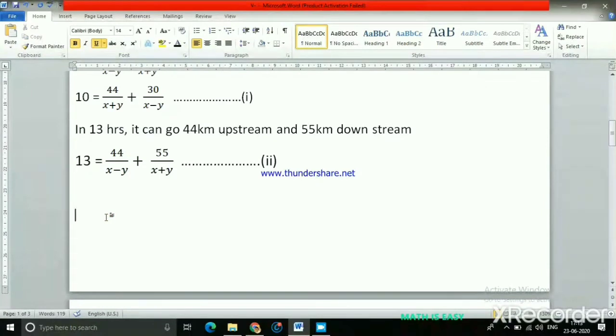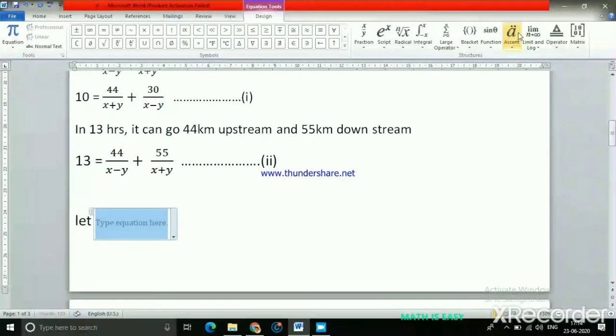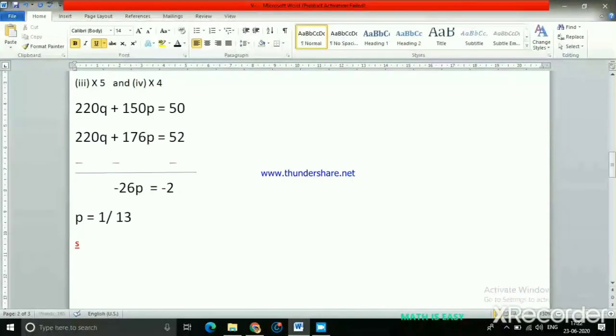So what we have to do here is make one more assumption. Let me insert the equation here: maybe I'll take 1 upon x minus y equals some substitute.